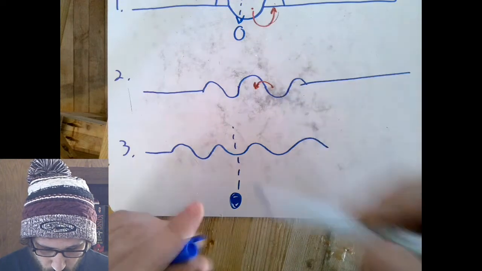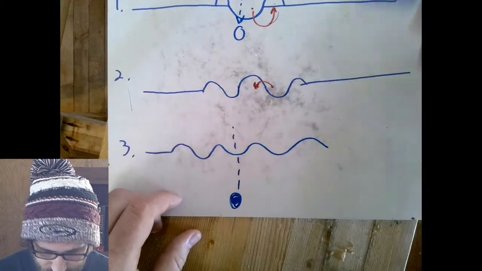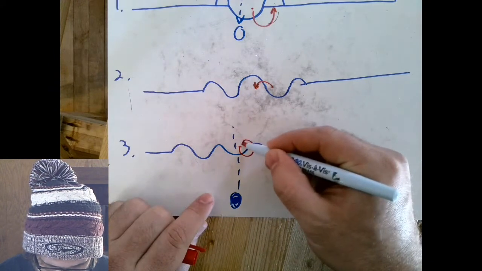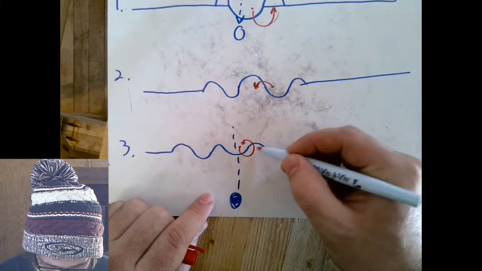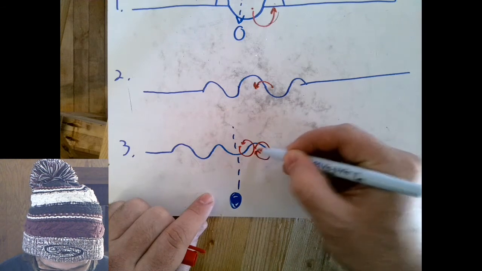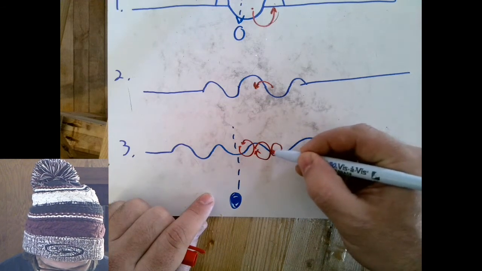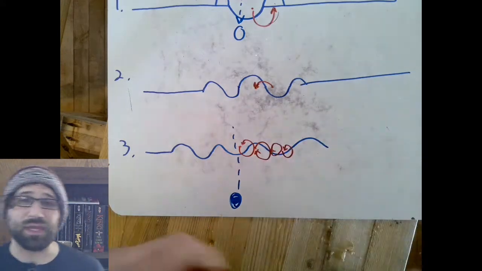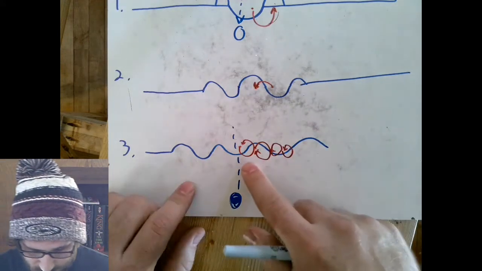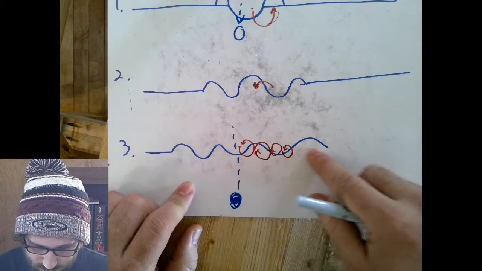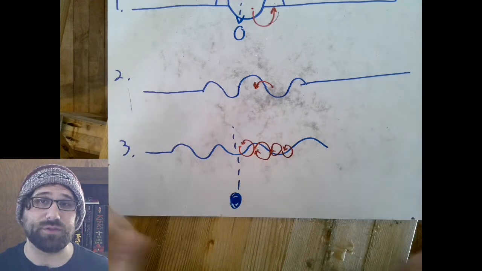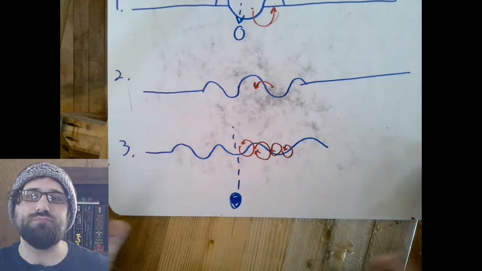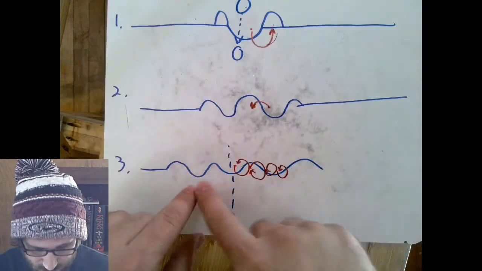So even though all the water molecules are going to follow this motion, we're going to have one here that moved around like that, one here that when this moved around, it got moved around like that, and then when that moved, it moved around like that, so on and so forth. Just all these little water molecules bumping into each other. And as they bump into each other, they're able to cause that wave to travel along the surface of the water. So when we talk about energy moving, energy always moves in waves.